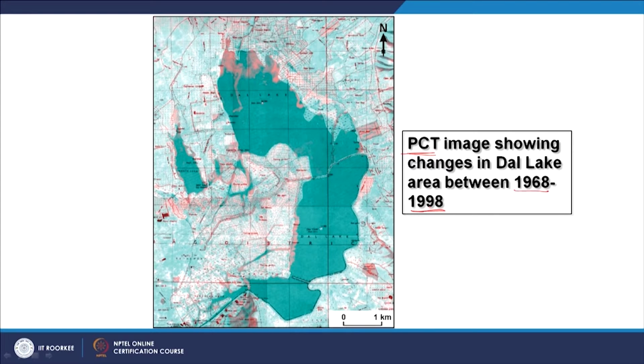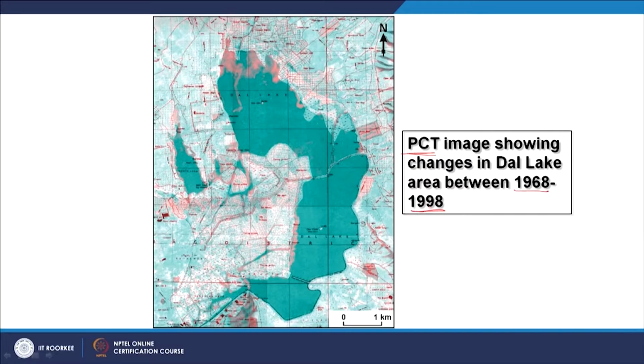Now, with a 30 years time difference, a change detection map or image was created here, which very clearly shows which are the areas which have been encroached, or where the shape of Dal Lake has been distorted because of human activities or maybe natural ones also.